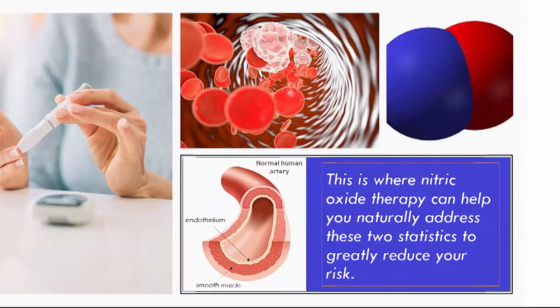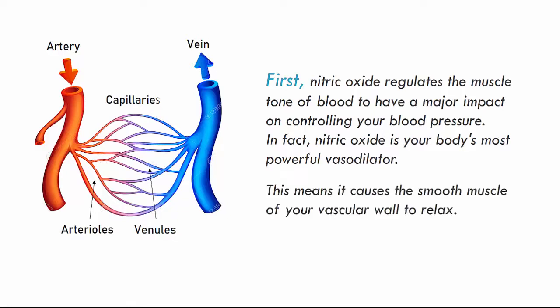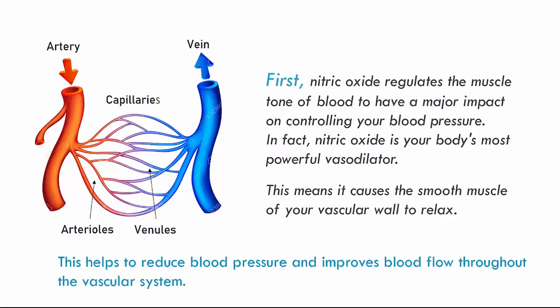First, nitric oxide regulates the muscle tone of blood vessels to have a major impact on controlling your blood pressure. In fact, nitric oxide is your body's most powerful vasodilator. This means it causes the smooth muscle of your vascular wall to relax. This helps to reduce blood pressure and improves blood flow throughout the vascular system.